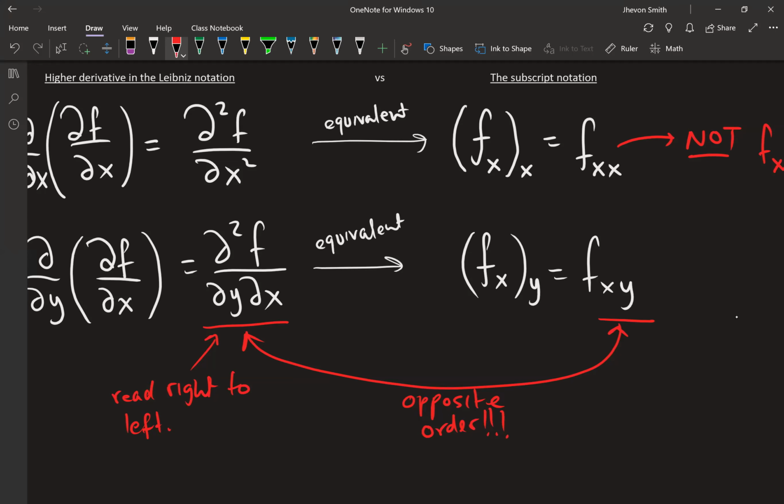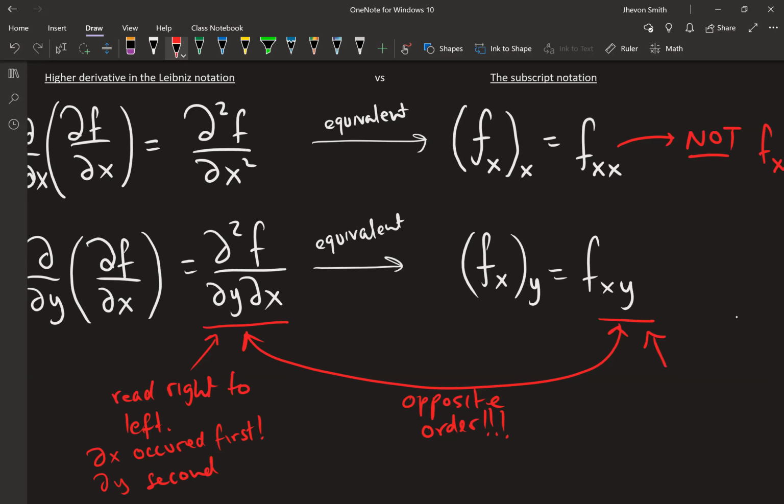Notice that the dx is on the right side in the denominator while the dy is on the left side, meaning dx occurred first and then dy second. So when you read this d squared f dy dx, the reader is supposed to understand that this person took the derivative with respect to x first, then with respect to y.